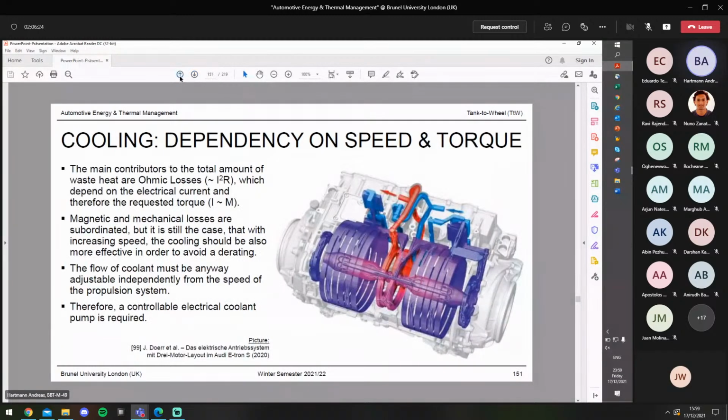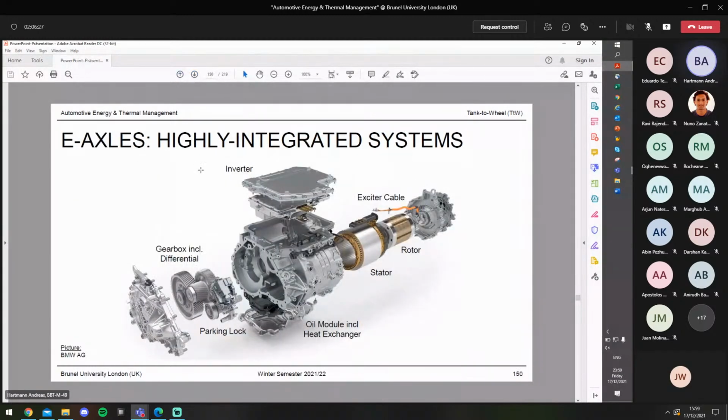Okay, here you can now see a highly integrated system, meaning the e-motor, which is completely, including all the auxiliaries, integrated in one central housing, which also covers the inverter, the component to transform the DC current of the battery into the required three-phase AC current for the e-motor itself.